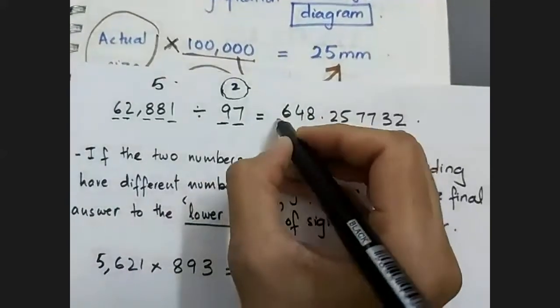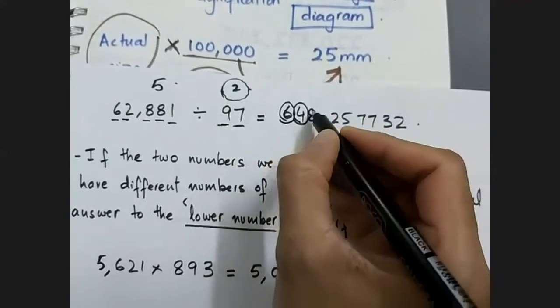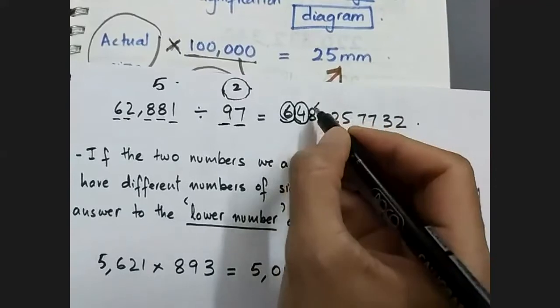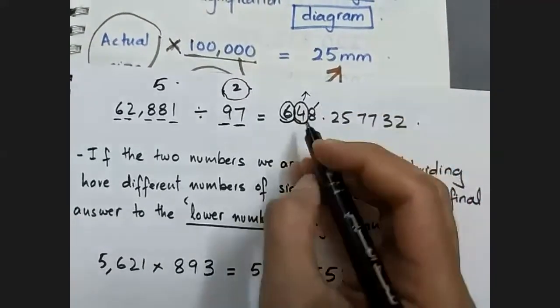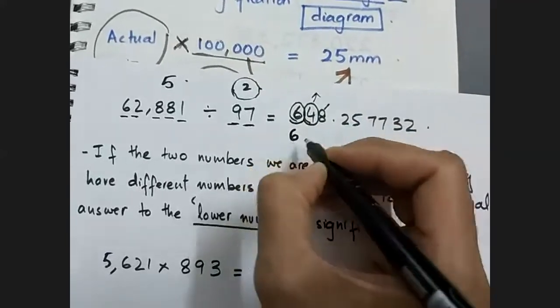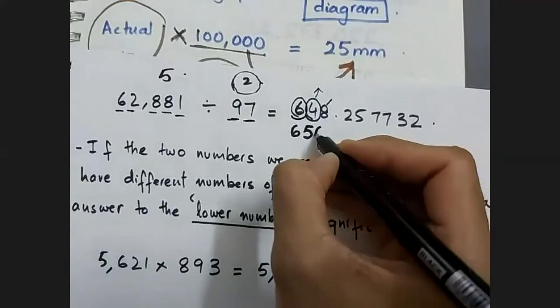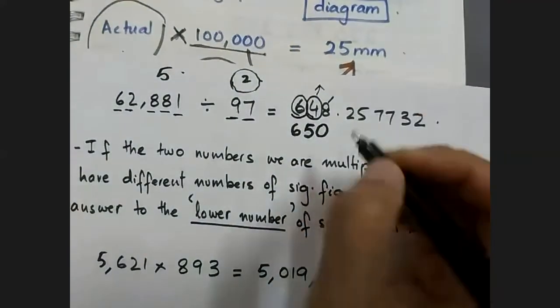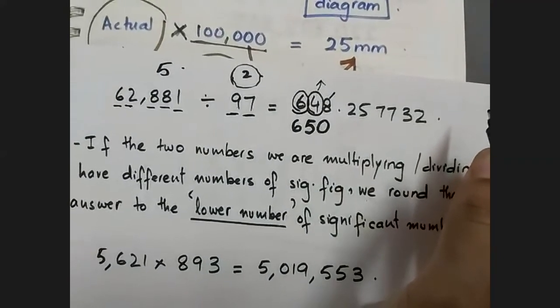So that means I will choose 6, I will choose 4, but then that's it. Now this is greater than 5, so 4 will go up by 1, and my final answer would be 650. No decimal.